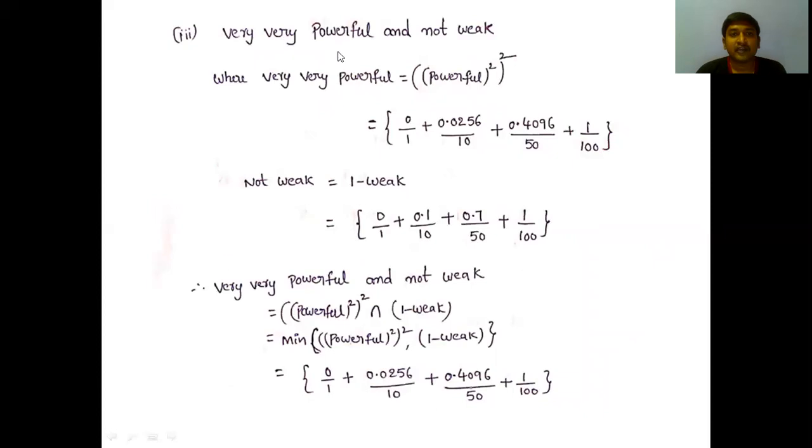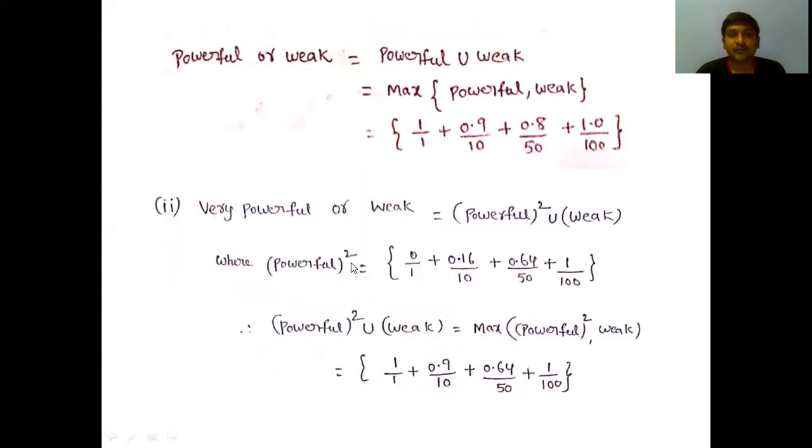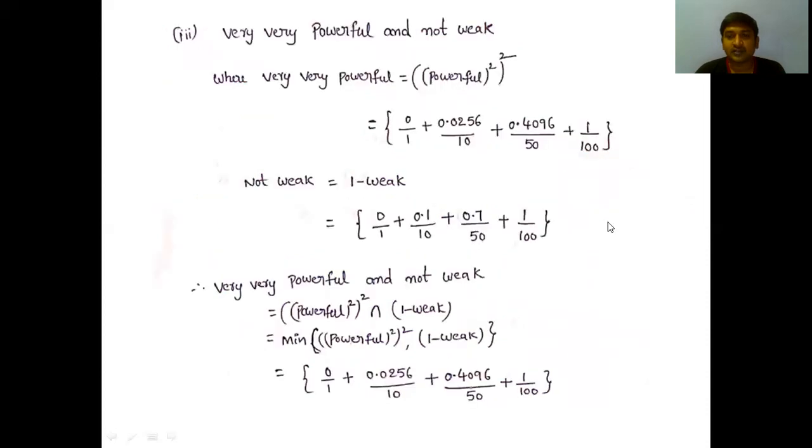Similarly, very powerful and not weak. Here very powerful means powerful whole square. We have already calculated powerful whole square, and again whole square means we change only the membership value: 0 square, 0.16 whole square, 0.64 whole square, and 1 square. This is very powerful.